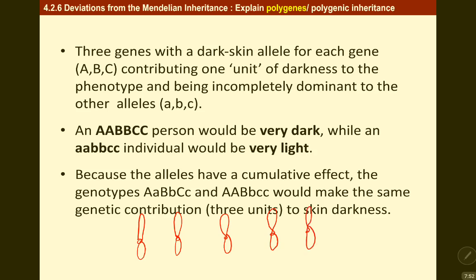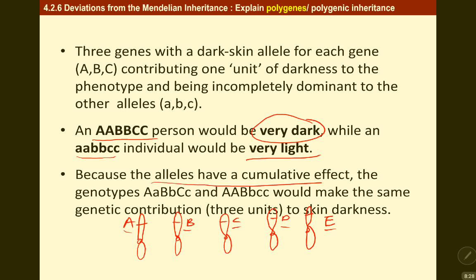For example, we have 5 genes: gene A, gene B, gene C, gene D, gene E. All these 5 genes determine the color of your skin. The big letter represents the dominant case, the small letter represents the recessive case. If a person has all the dominant alleles, it will be very dark. When the person inherits all the recessive alleles, it will be very light in color.